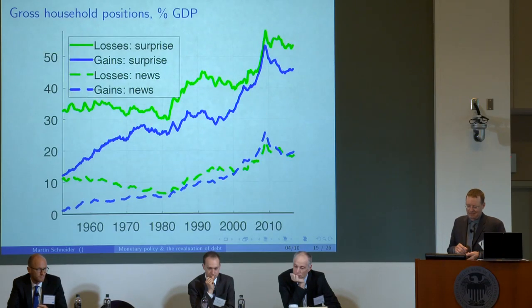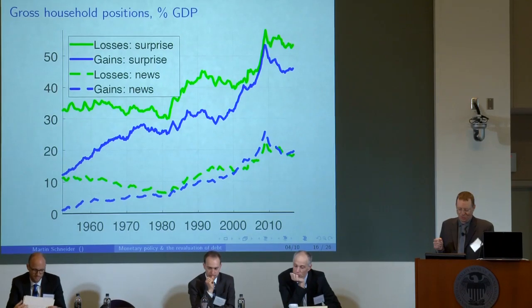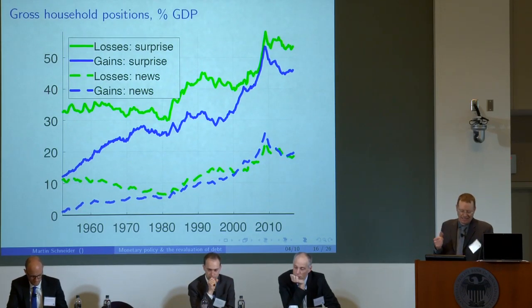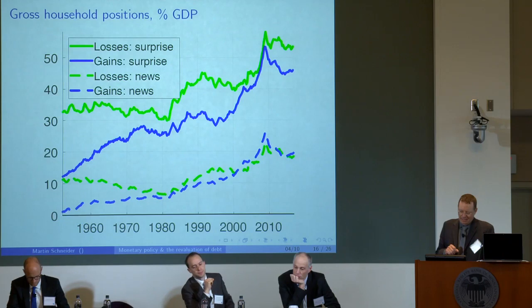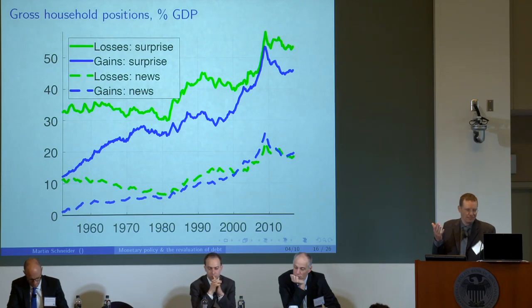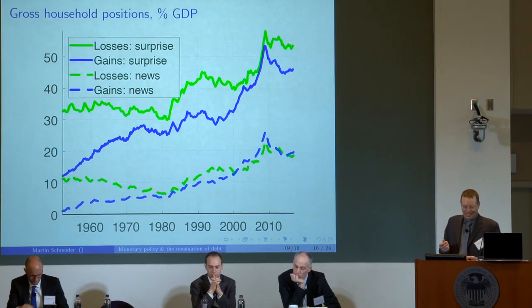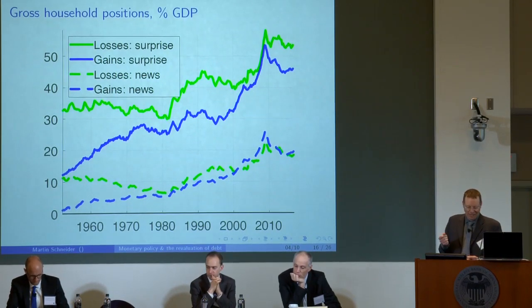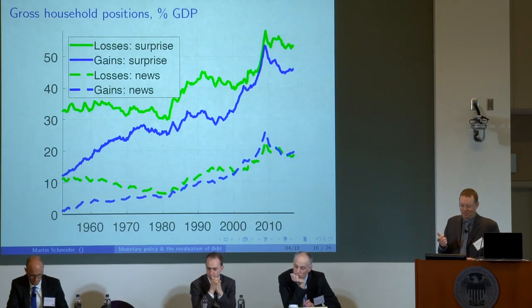Now, let's contrast that to what happens when we have news about future inflation. These are the dashed lines. Here, these are going to be smaller because the short positions are devalued less. Okay? So there's this overall scale difference. But the other thing that comes out is that recently, the blue line, the gains, has risen above the green line, the losses.